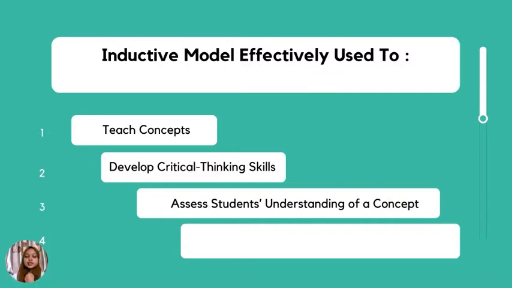The last one is assess student understanding of concepts. The inductive model is well suited for assessing how well students have mastered a concept they have already learned. The teacher uses the model to determine how well students understand, and after introducing the objective of the assessment, the teacher asks students to share their observations.